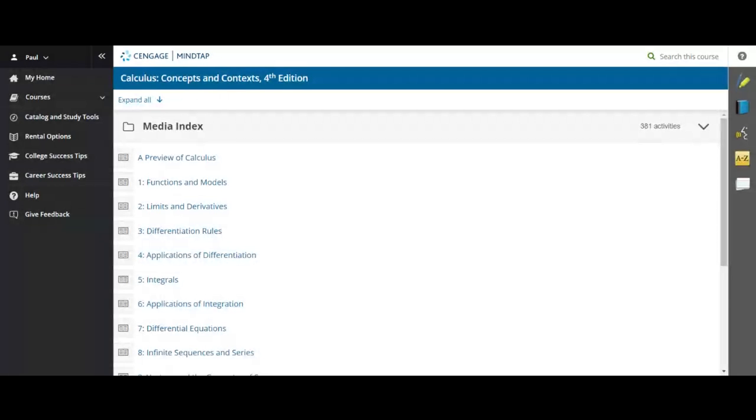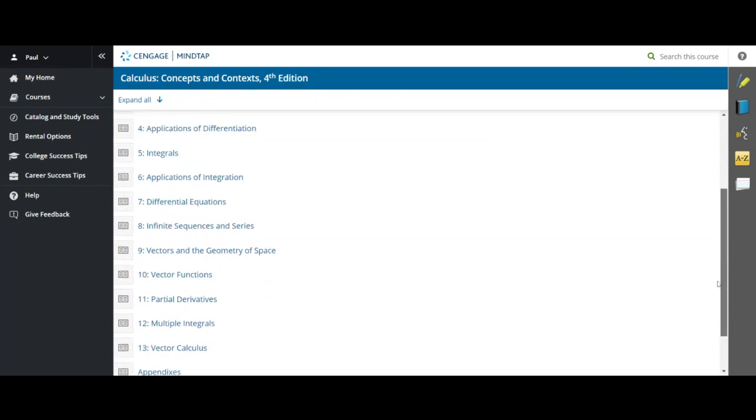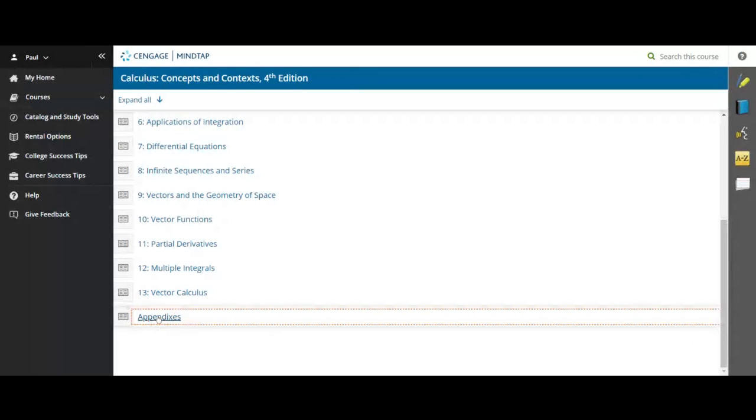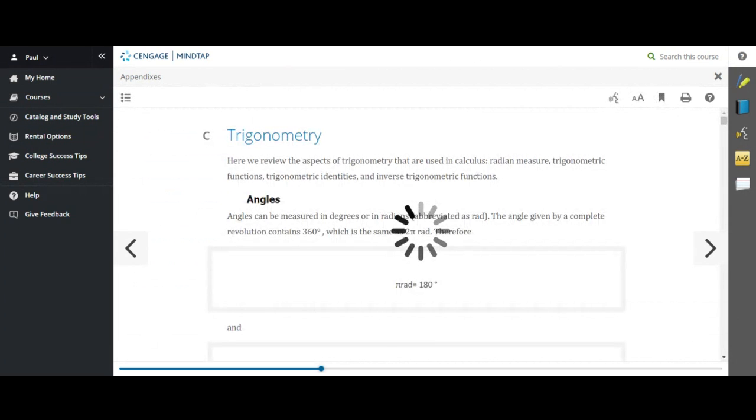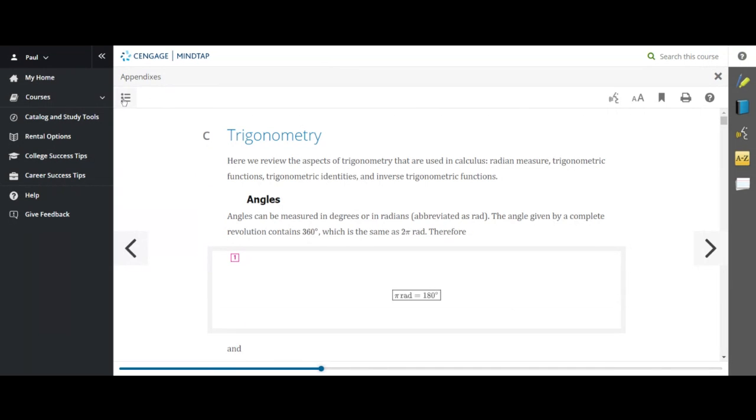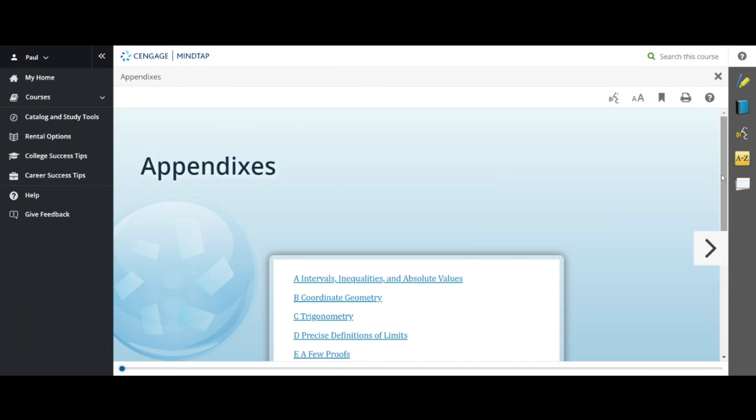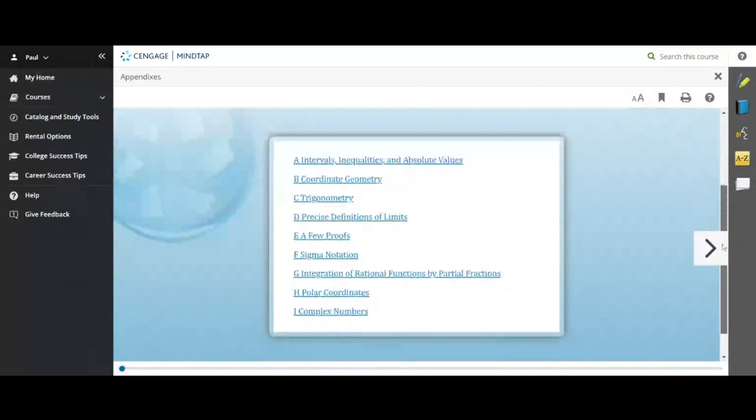Now, where would you find trig identities? In the ebook, which you have access to through WebAssign, or of course, if you have a physical textbook, you go to the appendices. There are a lot of appendices, but we want the one on trigonometry.